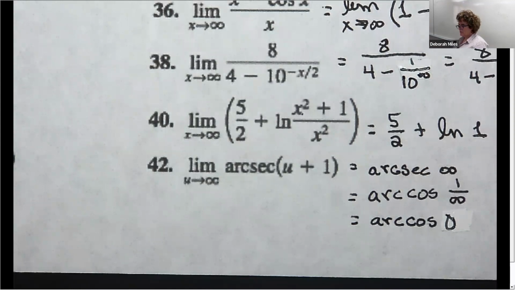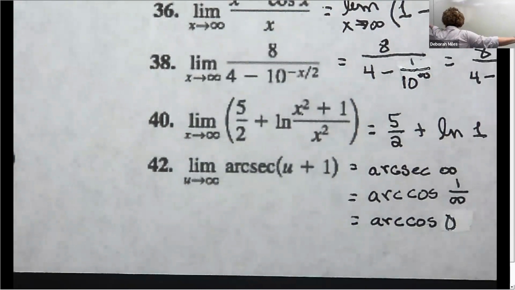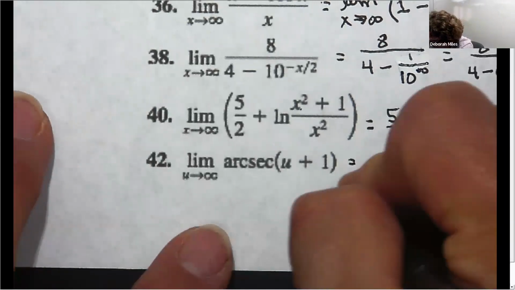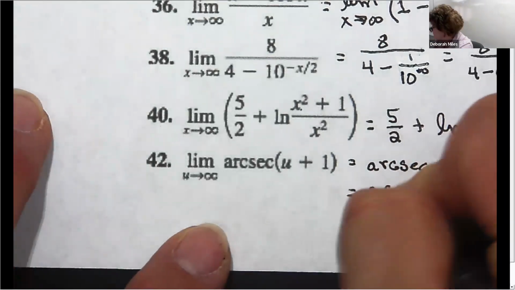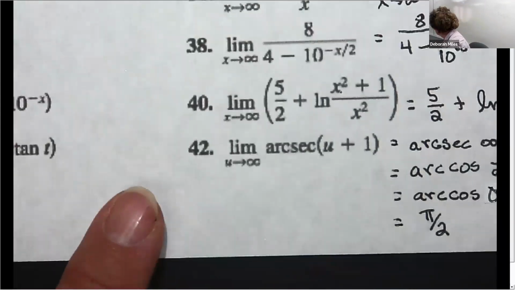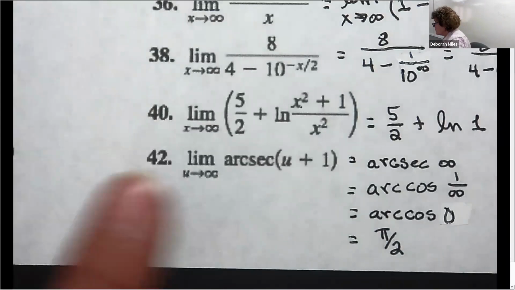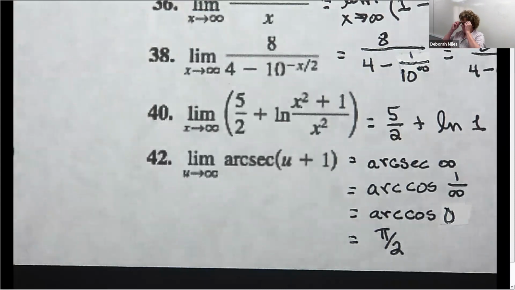Your x is 0 at the half pies. And remember, arc cosine always gives you an angle between 0 and pi. So what's the angle between 0 and pi where cosine is 0? Remember that tangent, secant, and cosecant have vertical asymptotes.